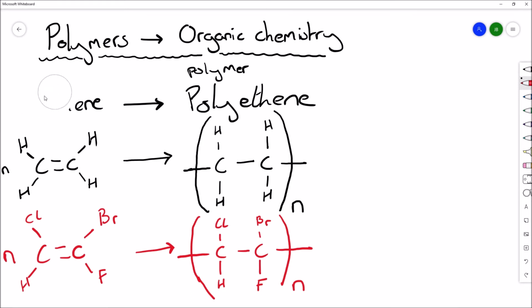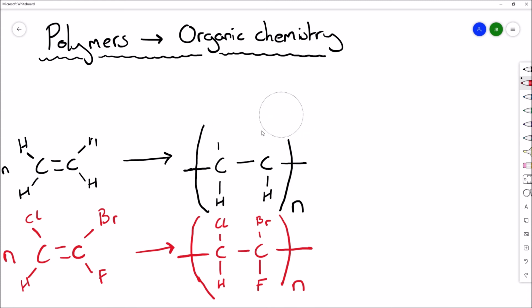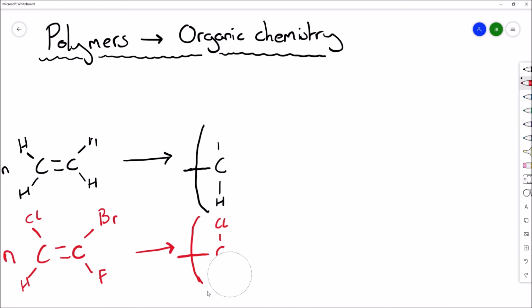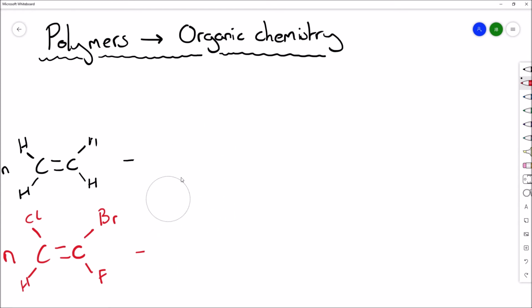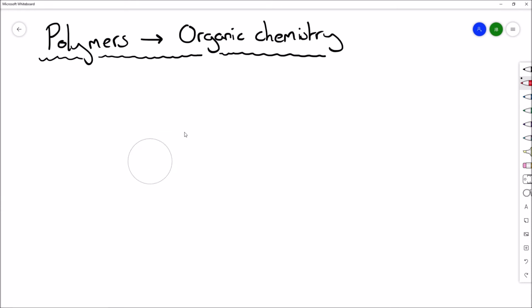This one is a bit more complex. Nothing you won't be able to understand, but it just takes a little bit more thinking about. So condensation, when we think of condensation, we think of water, and that is key because water is produced.